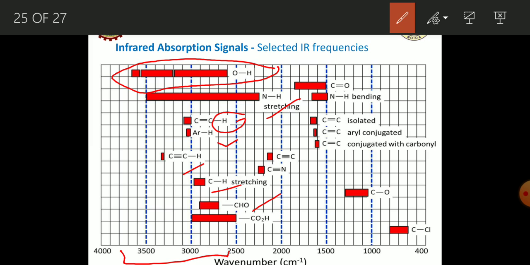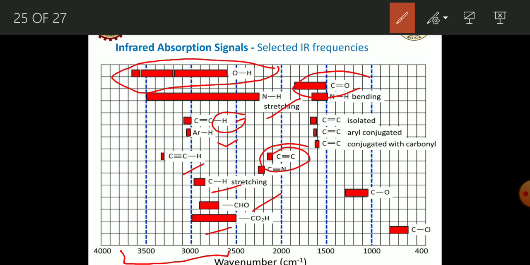The CHO stretching vibration comes around 2700 to 2800. The carboxylic acid stretching vibration comes around 2500 to 3000. The C triple bond C stretching vibration is around 2000. The CO stretching vibration comes around 1500 to 1700.